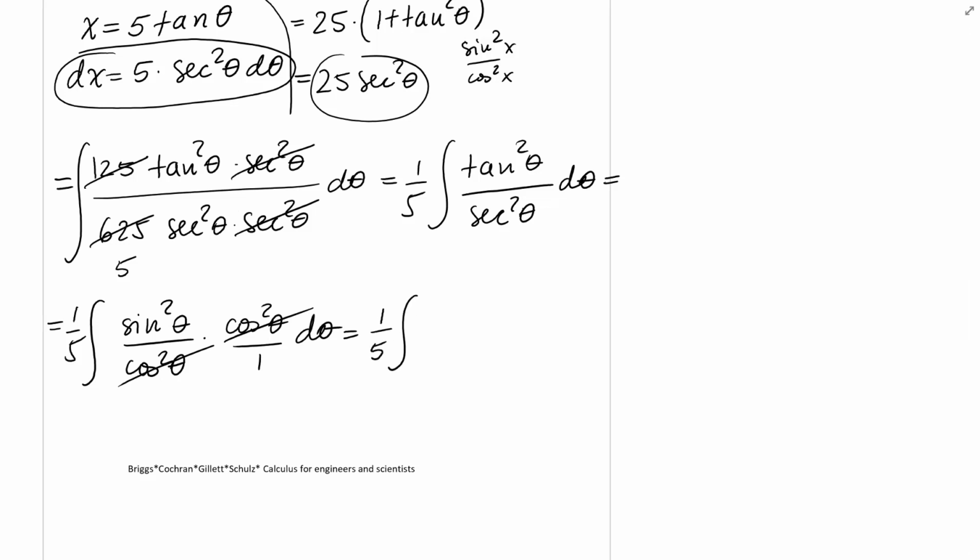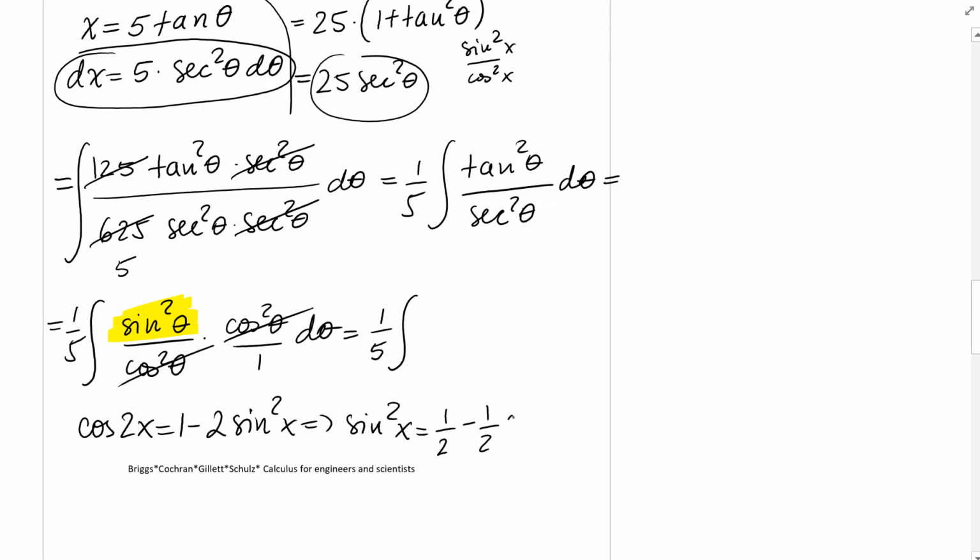And I'm going to use double angles. So sine squared of theta, it's actually, so cosine of 2x, it's 1 minus 2 sine squared of x. So sine squared of x, it's actually 1 over 2 minus 1 over 2 cosine of 2x.